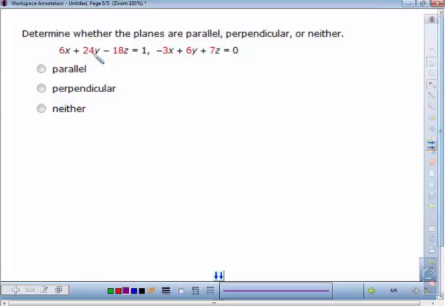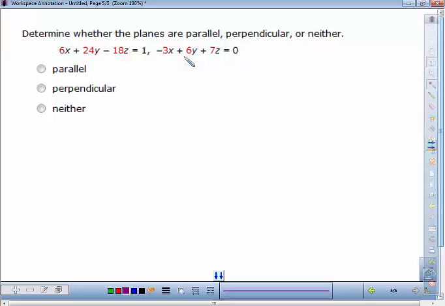So we have a couple of planes. We have 6x plus 24y minus 18z is equal to 1. That's one plane. And the other plane has negative 3x plus 6y plus 7z is equal to 0.